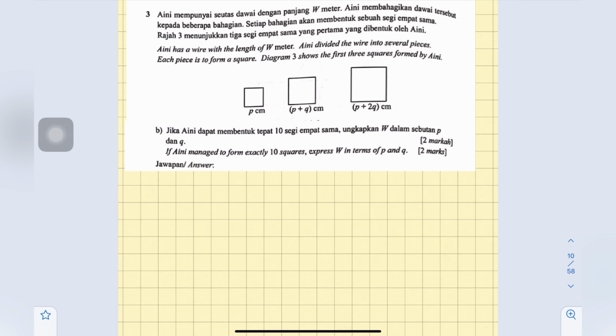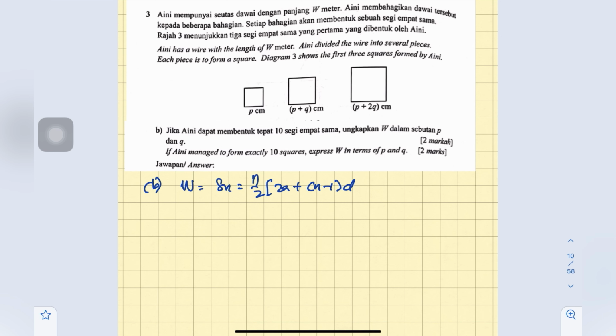B, if Aini manage to form exactly 10 squares, express W in terms of P and Q. Okay, W is a wire that Aini divided into exactly 10 squares. Okay, so W is a total length of the wire. Okay, so W is total length, it is S_n. Okay, S_n for arithmetic progression is n over 2, 2a plus n minus 1 d.